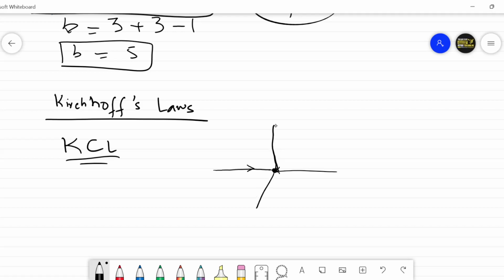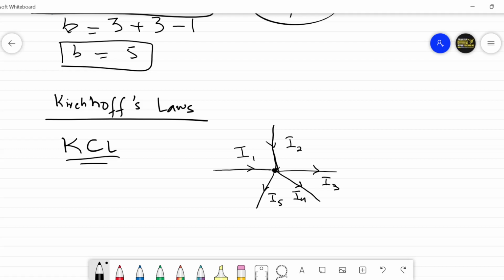From some paths, current is flowing into this node. From various other paths, current is flowing out of this node.